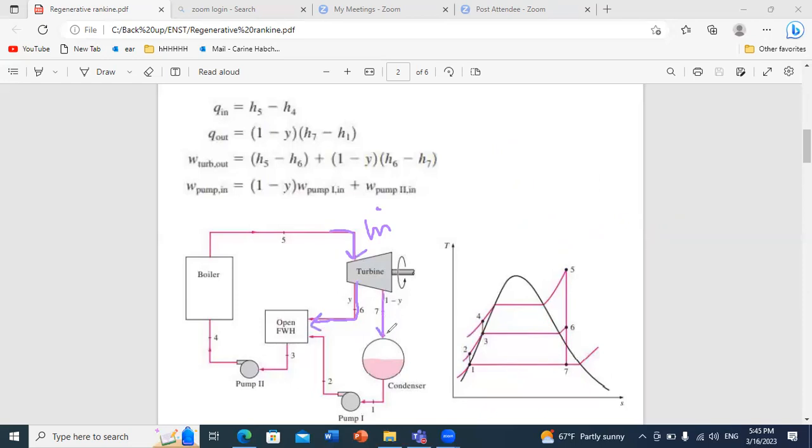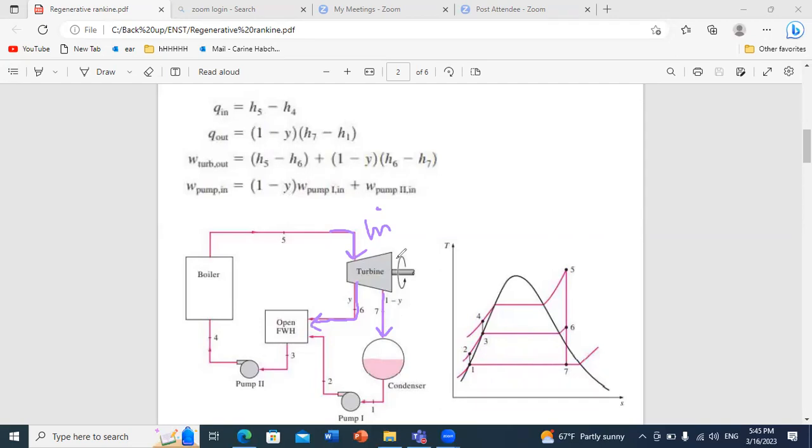In general, this percentage can be optimized, that is, what will be the best fraction to take in order to get the best performance? In problems, they will give us y, or it will be the only unknown. In any problem, they will give enough information to be able to solve for the unknowns. So maybe they provide y and you have other unknowns to determine, or you have everything and you need to determine y.